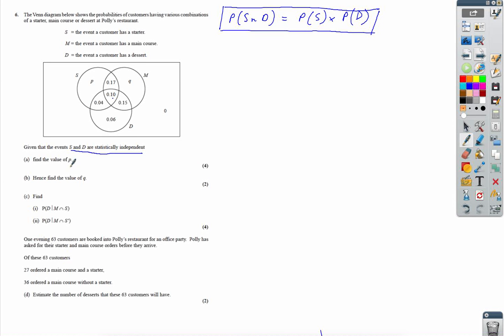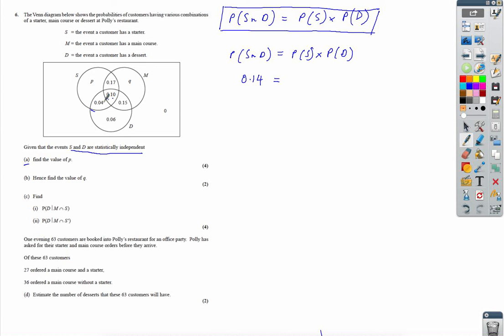For 4 marks, so we have to think about it. It's not going to be straightforward. We need to find the value of P. So let's use this. We know the probability of S and D must equal probability of S times probability of D. S and D is 0.14, these two bits in here. Probability of S is anywhere in that S circle.